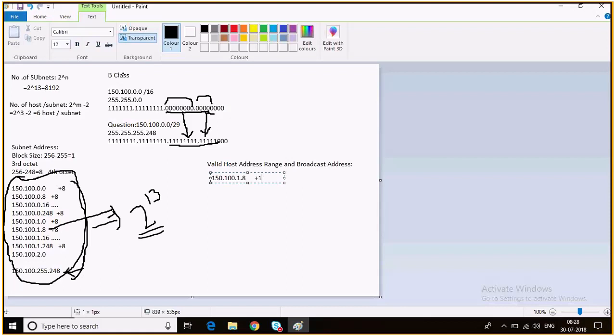So I add one to it. When I add one to it, one is always added to the rightmost octet. So 150.100.1.9 is my first address. So this is the first valid host.